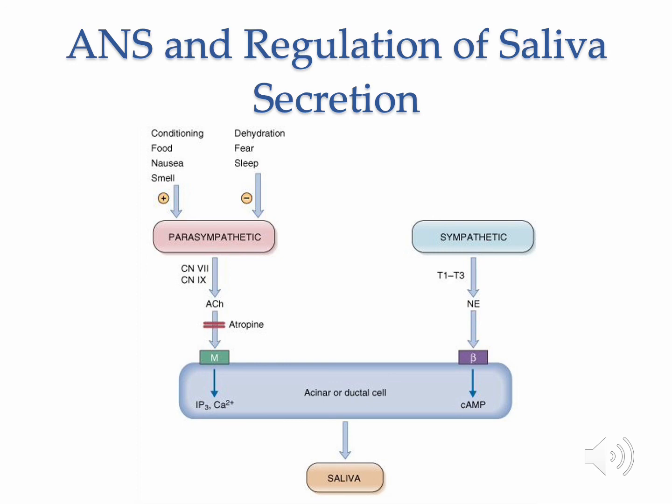And you can see in this diagram we have certain conditioned foods, nausea, smell can all increase salivation, whereas if we're dehydrated or if we're frightened, if we're planning to go to sleep, we will have a decrease in parasympathetic stimulation and thus a decrease in salivation.